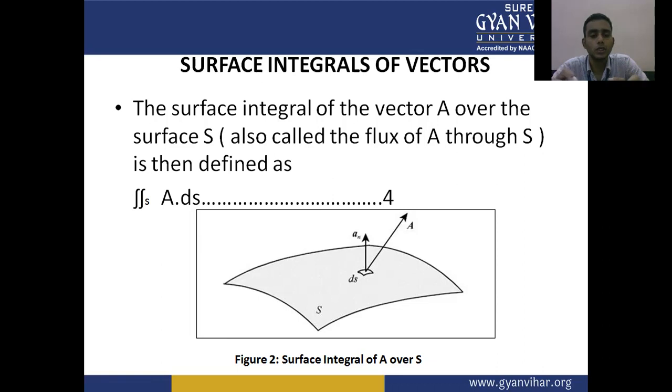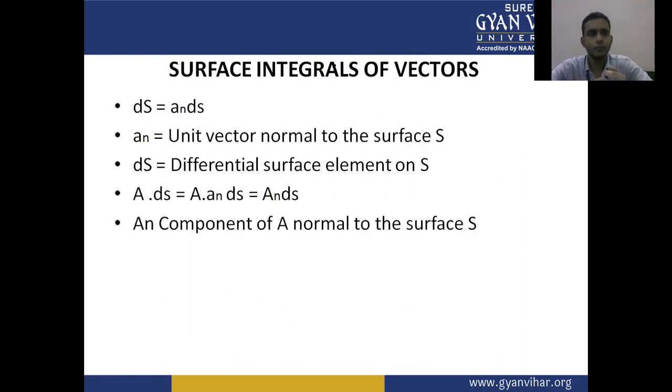S is the total surface of the given figure, and dS is the differential surface of the total S. So the double integral of A dot a_n dS, where a_n is the unit vector and dS is the differential surface. So this is our surface integral of vectors.